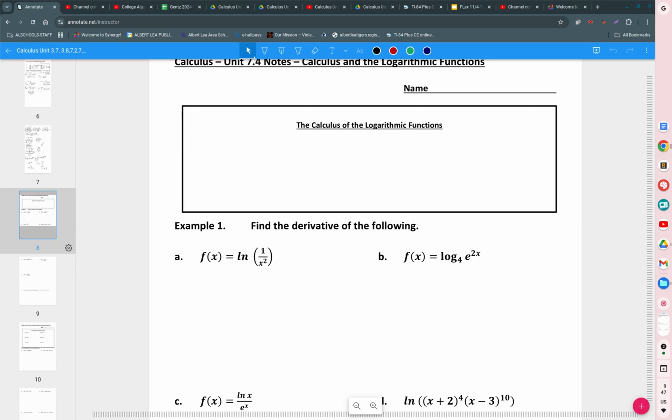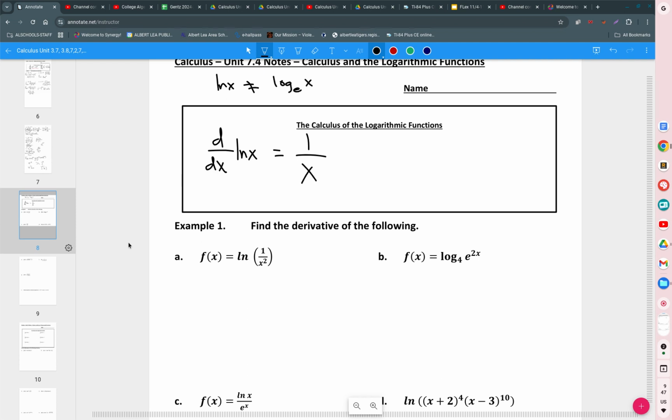Very good. All right, calculus of the logarithmic function. The derivative of the natural log of x, I told you the other day, do you remember? Something like 1 over x. Remember that the natural log of x is the same thing as log base e of x.